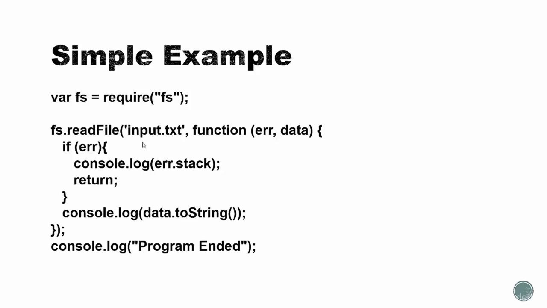So we're going to take the error if there is one, we're going to check, and if there is one, we're going to just console log the error and the stack. And then we're just going to return. If there is no error, it's going to console log the data and output it as a string. And then finally, we're just logging that the program ended.